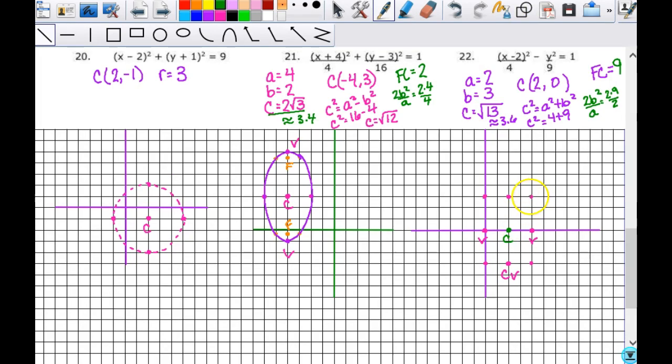So instead, I'm going to draw this in, but if you're using a straight edge, which is really hard for me to do up here, I would suggest that you make them dotted or a different color so that you can tell what's going on with them. Okay, so there are my asymptotes.